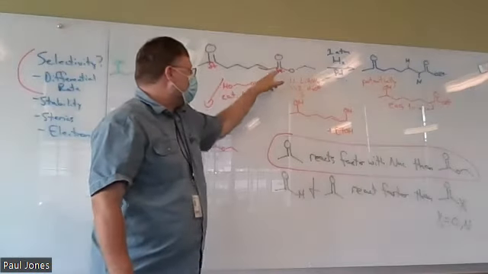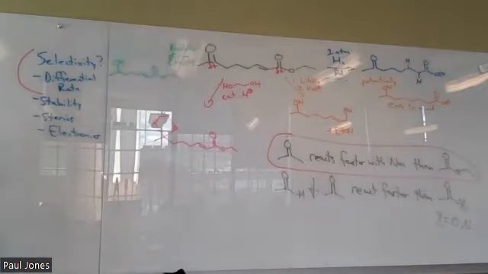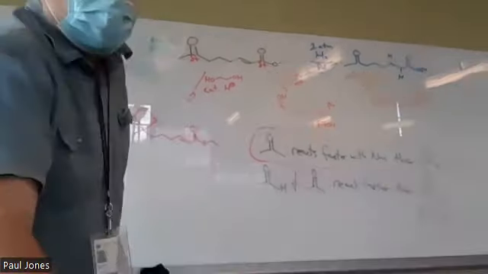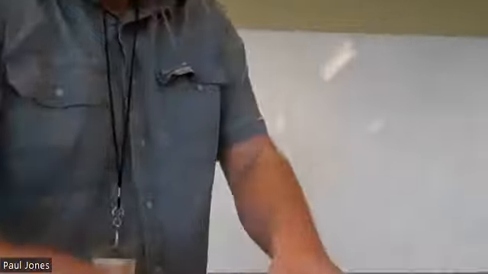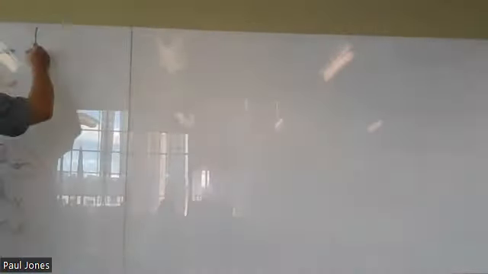You've got kind of the same thing here. By far, the bigger influence here is electronics. So we've got this oxygen that's kicking in some electron density there. So let's think about why that is important. Well, first, I guess I should say this.